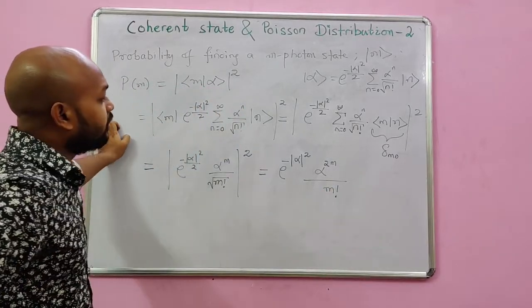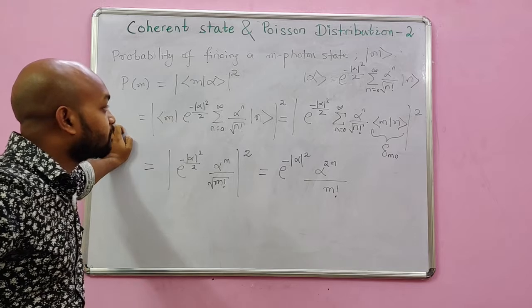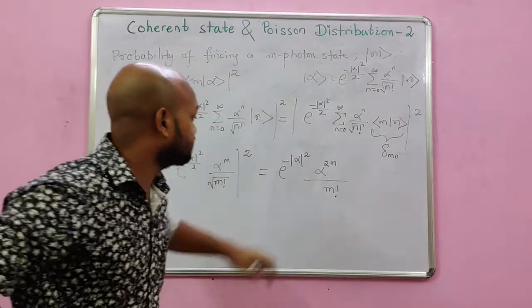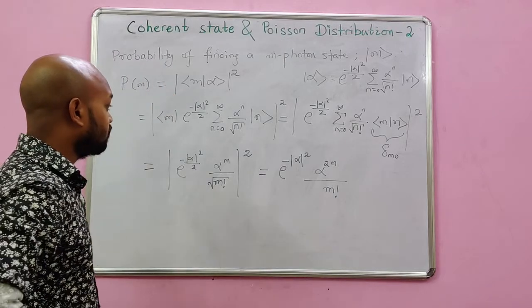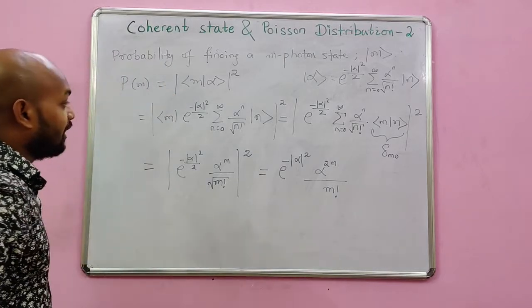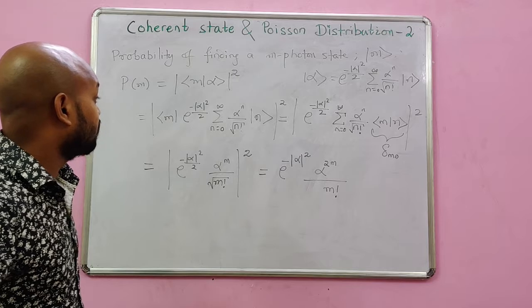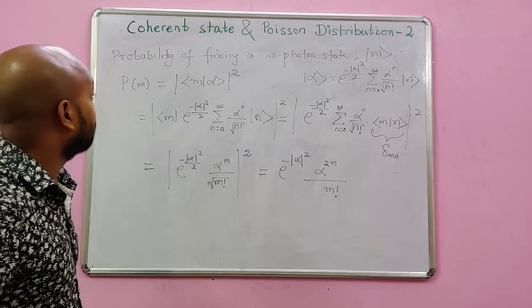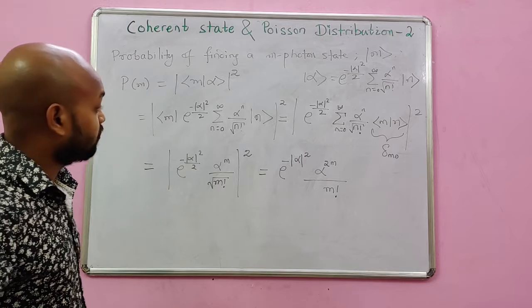Could you get a sense of the Poisson distribution from this result here? No? Okay, let's convert it to a particular expression so that it looks more like a Poisson distribution.